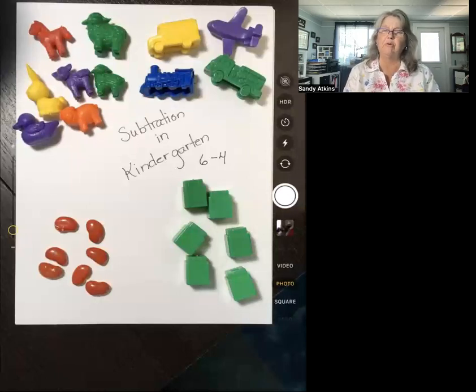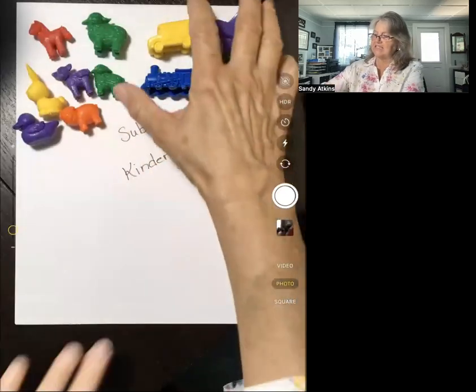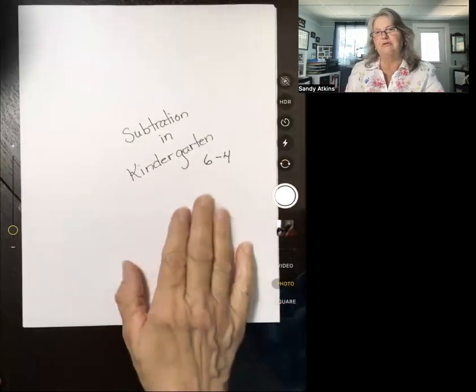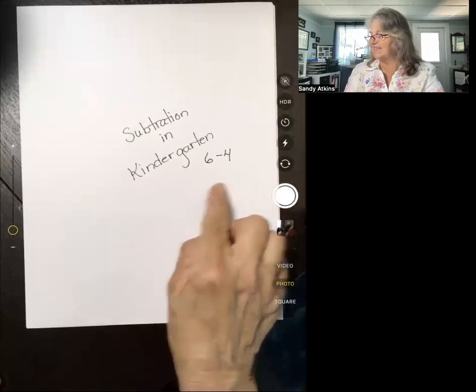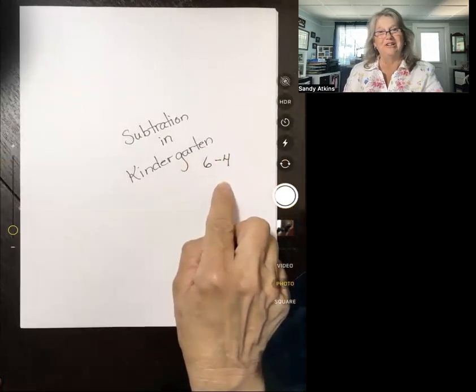And a very important learning tool for your young child is play. Now, it's important for their social development, but it's also important for academics. So we're going to use play, and I want to keep in mind this 6 minus 4. But we're going to use 6 minus 4 not as the symbol, but as story.